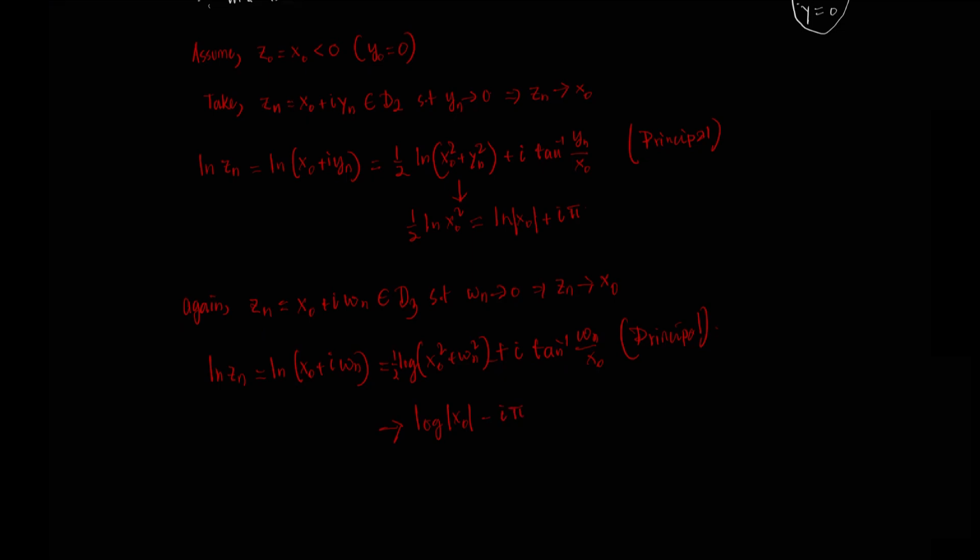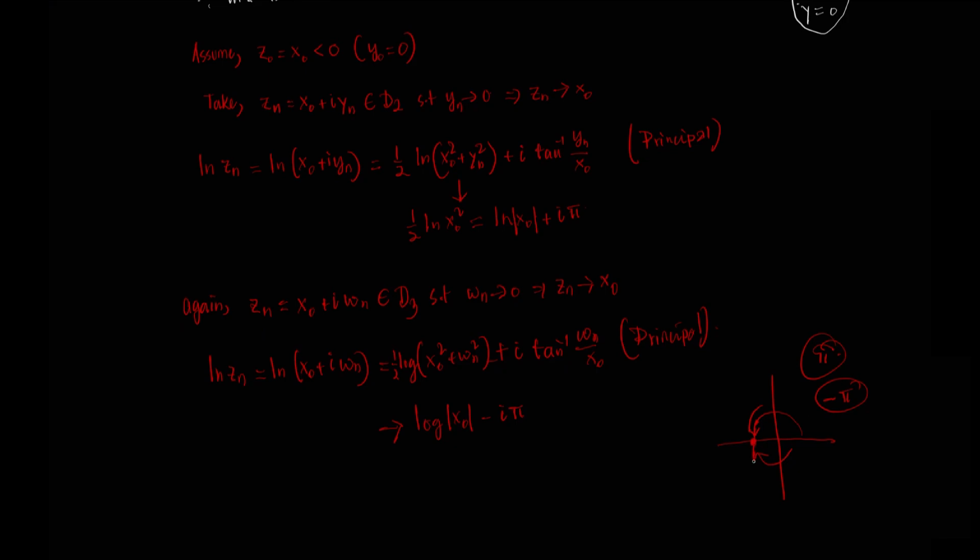Principal branch. Just think about it this way. For every number in this particular quadrant D2, if you are converging to this point, the argument, the imaginary part, is always positive, going towards pi. But if you are approaching this point through this way, the argument is going to be minus pi.